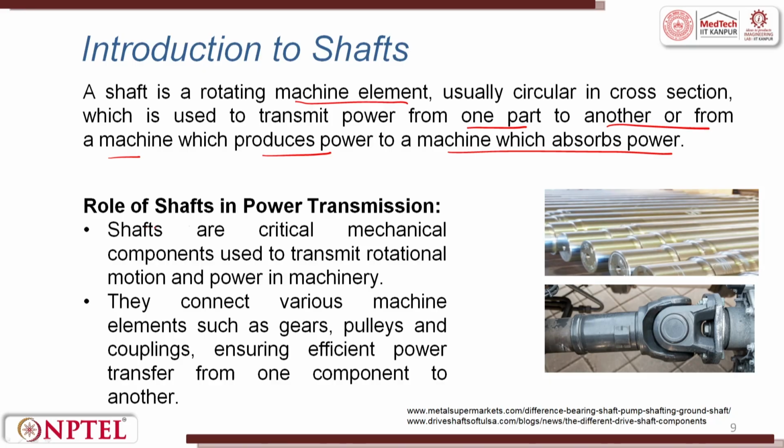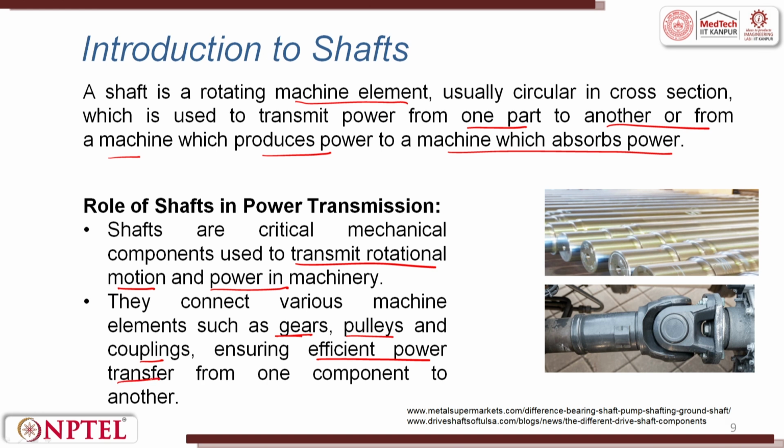So role of shafts in power transmission. Shafts are critical mechanical components used to transmit rotational motion and power in machinery. They connect various machine elements such as gears, pulleys, couplings, ensuring efficient power transfer from one component to another.